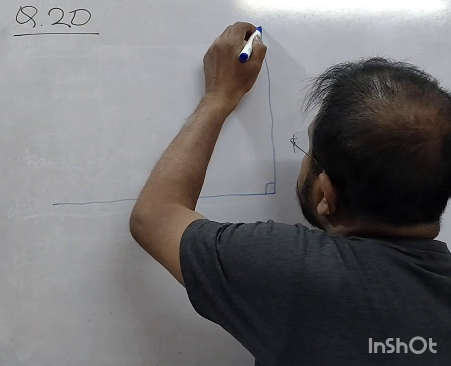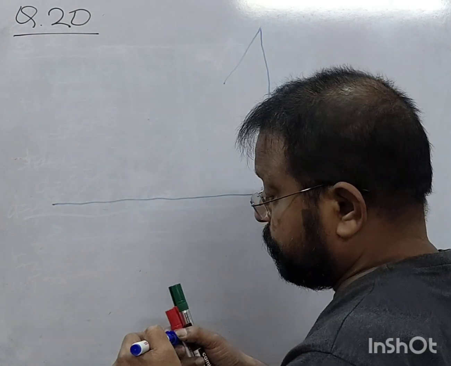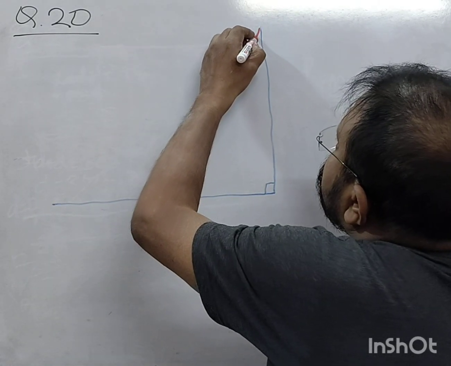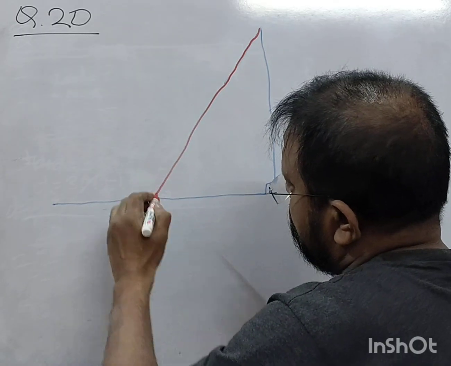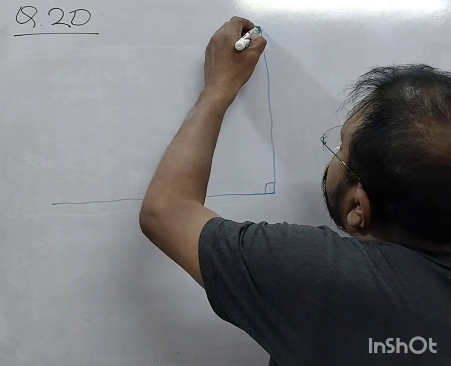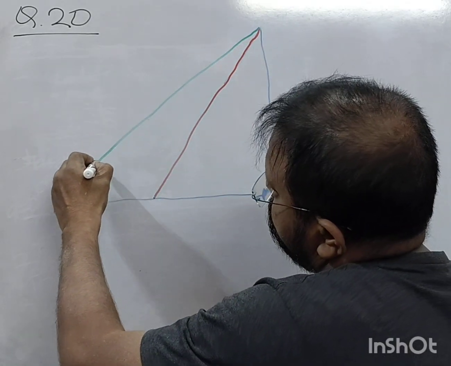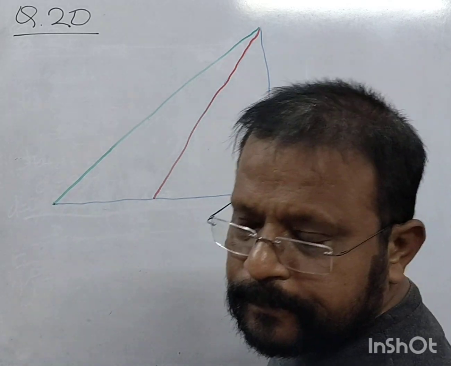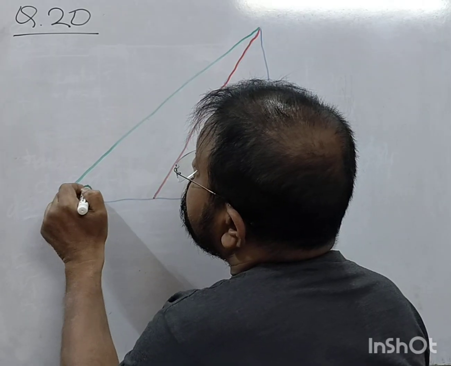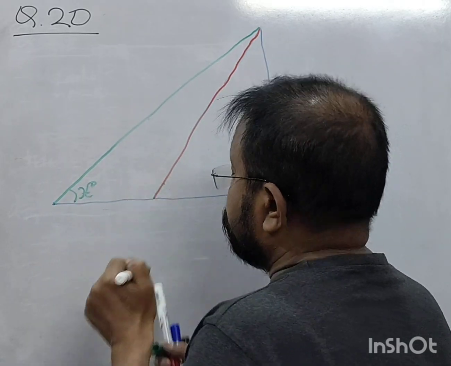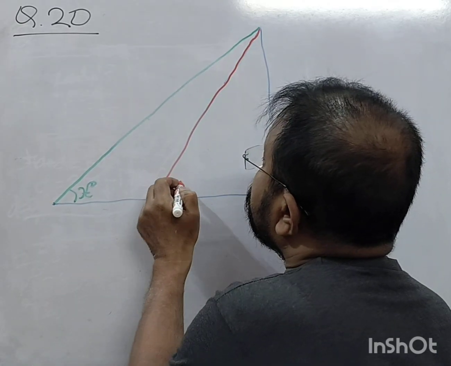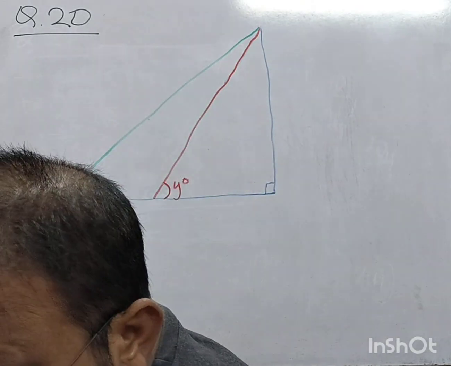Then there is this a line, and this is a line. Right? Now it is called angle x, and it is called angle y degree.